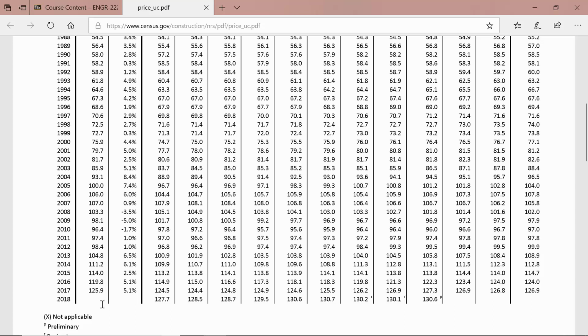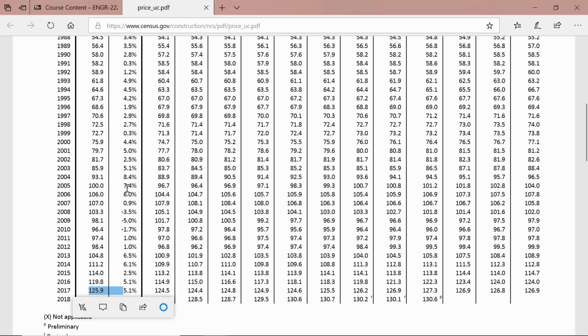And you can get a sense since 2005 how housing prices across the country have increased. So you can see now the index in 2017 was 125.9. And so if you wanted to understand just the price of housing over time, you could use this index. And last time in class I mentioned that sometimes people make the mistake of applying the overall economy's average inflation rate to specific goods that may vary more or less than the overall economy's rate of inflation.